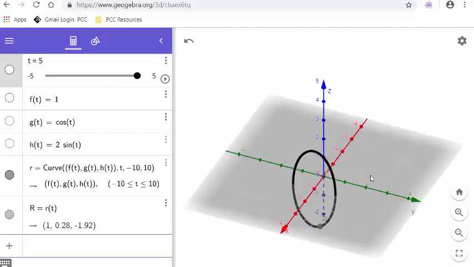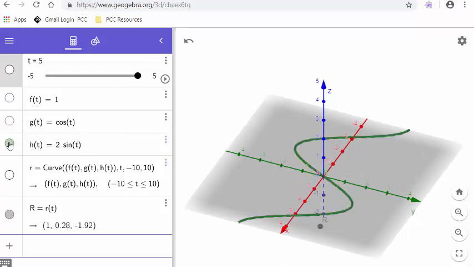I said that we would also see how this is constructed. If I get rid of this, look at these functions. It graphs them in x and y, which isn't my favorite, but here we're seeing my x value is just always 1, my y value is cosine of t, this gray line, and the z value h of t is 2 sine of t, this green line.